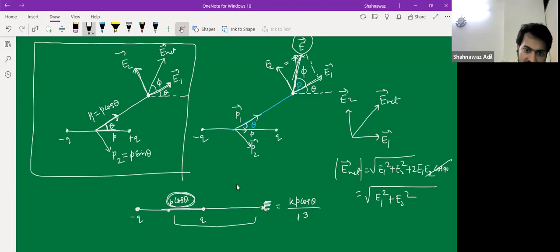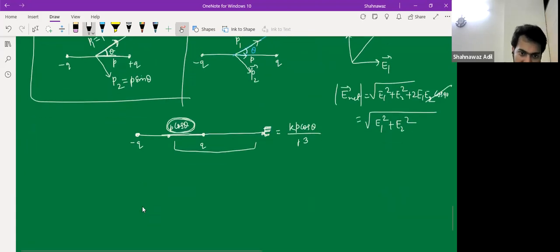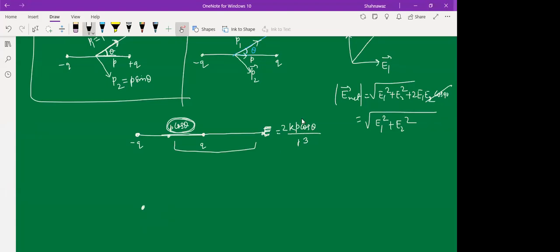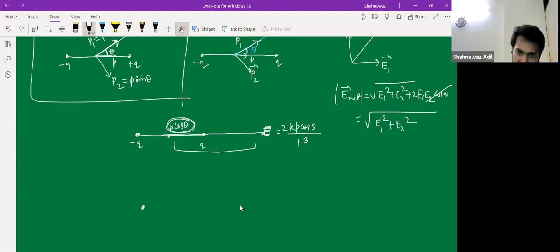So this is E1. Now I am calculating the electric field at this point, where the magnitude is P sin theta, and this is the electric field that I am getting.